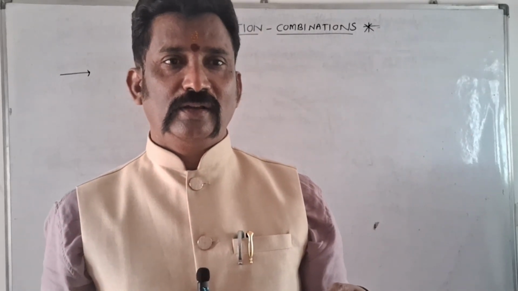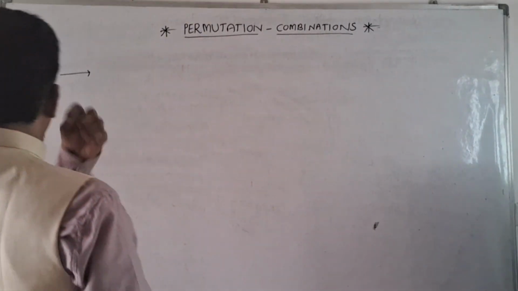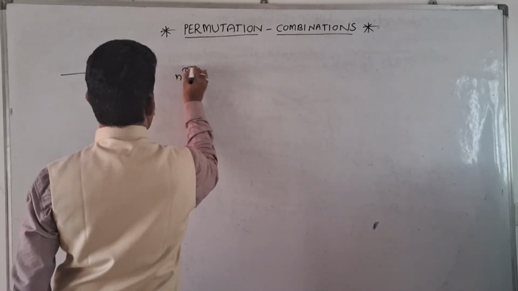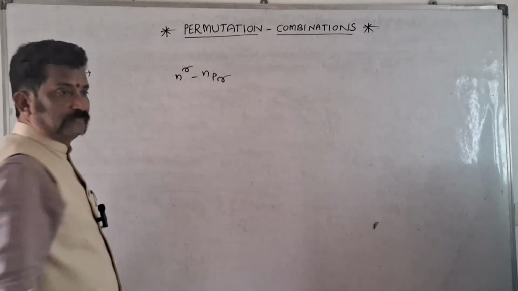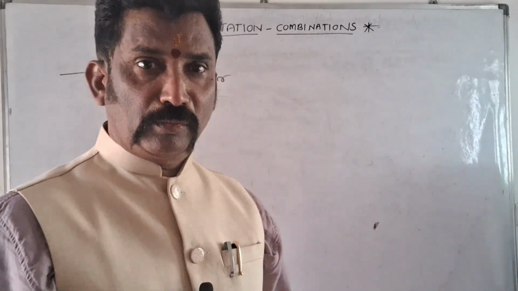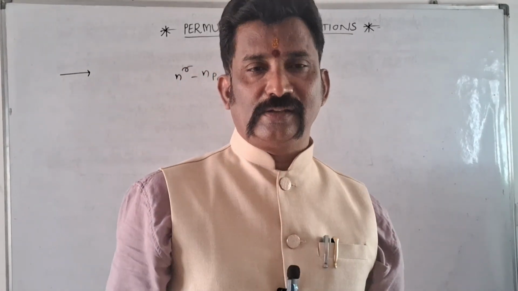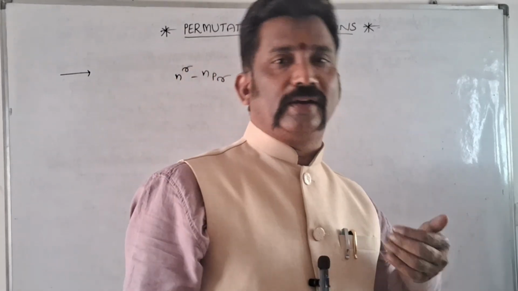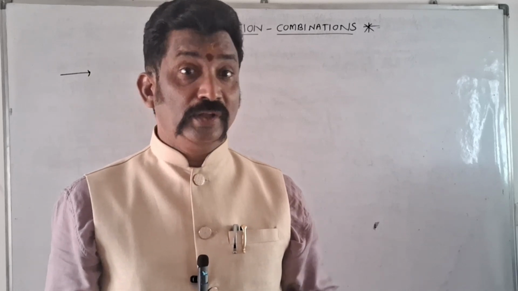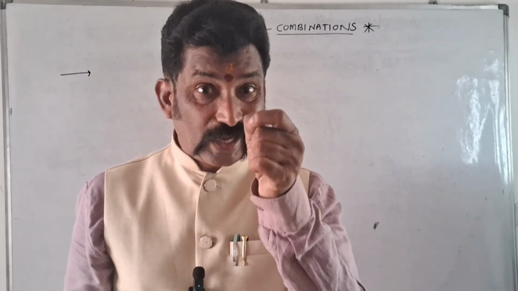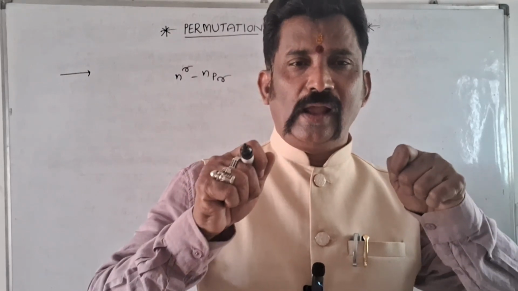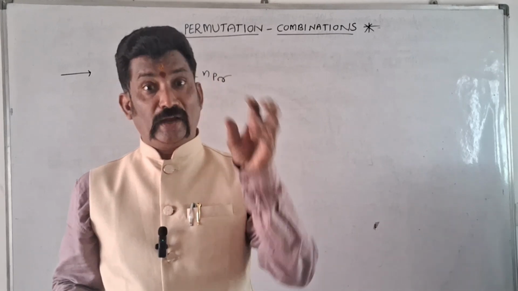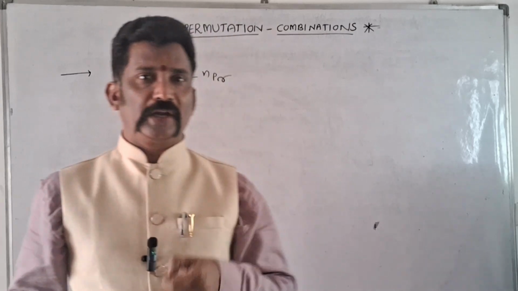That is equal to n power r minus nPr. The number of permutations of n dissimilar things taken r at a time with at least one repetition allowed, this one is most important.